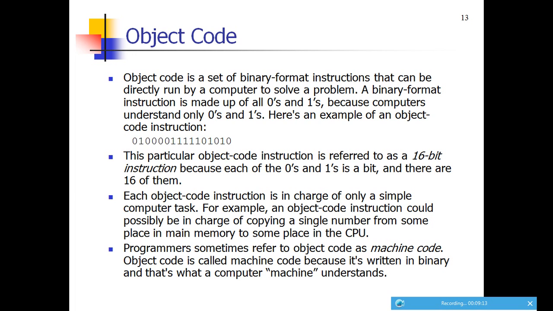An object code instruction could possibly be in charge of copying a single number from some place in main memory to some place in the CPU. Programmers sometimes refer to object code as machine code. Object code is called machine code because it is written in binary and that is what a computer machine understands.